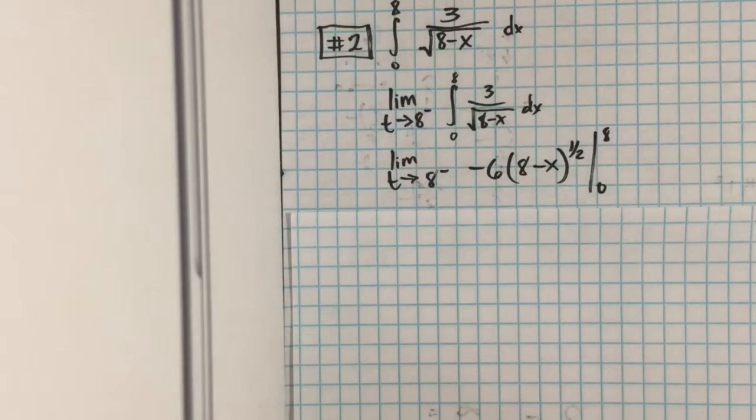Now we find the limits of the antiderivative, so we'll get the limit as t approaches 8 from the left of the antiderivative, which is negative 6 times 8 minus x raised to the 1/2 from 0 to 8.